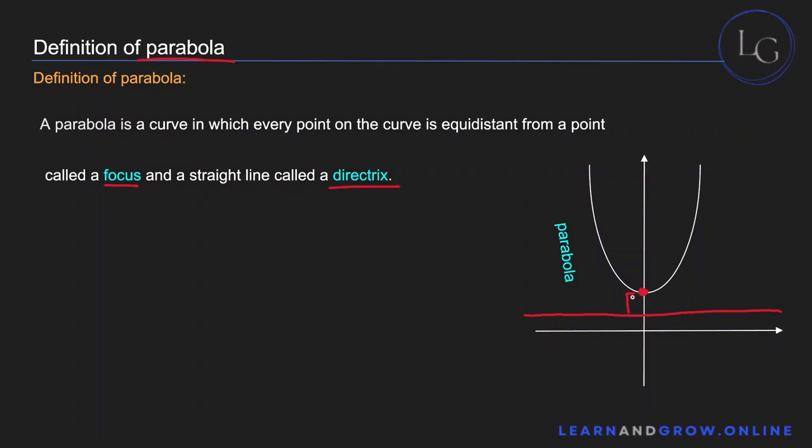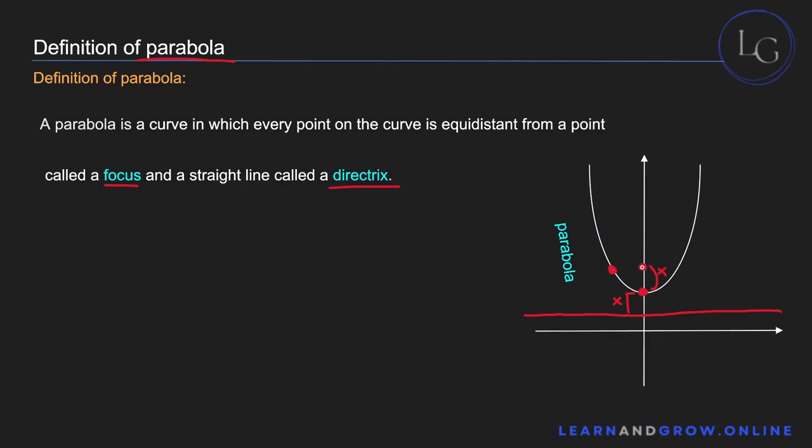Now let's say this length is x, right? So you draw a point with the same length over here, okay? Let's say it's this point over here. This point also has a length of x. Now what you need to see is that if you take any point on this curve, let's say it's this point over here, right?